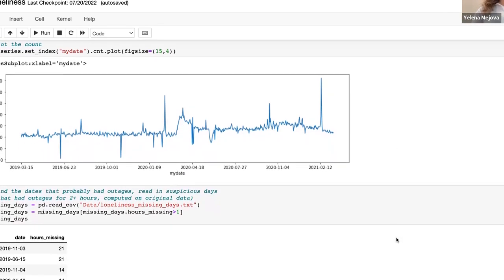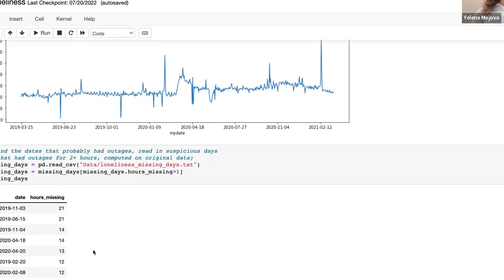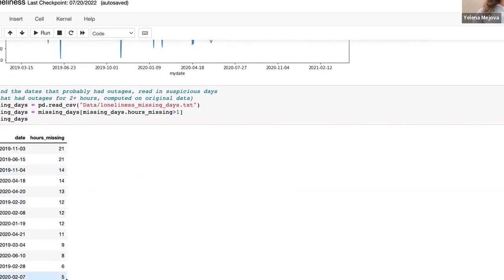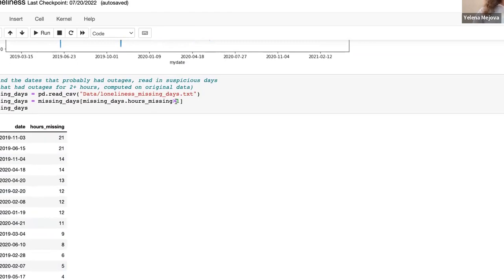So I do a few things, like I go back to my original data and I actually count how many hours I have missing data. And when I say, well, if I have at least, I don't remember, 2 hours of missing data, I'm just going to say that this count is no good.